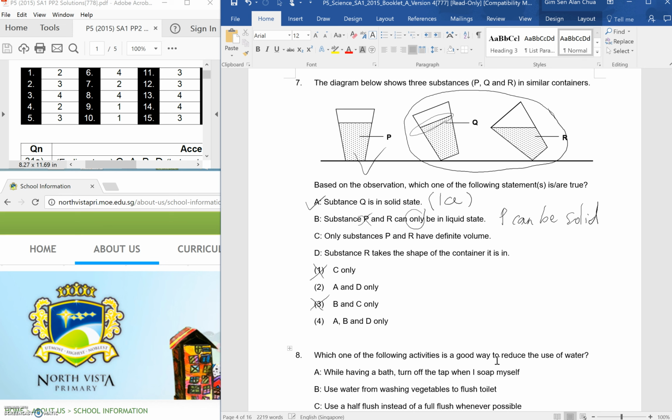Since P can be solid, 4 is wrong. That gives us answer number 2. Can you see how elimination works? We don't even have to know whether D is correct or not, but just by elimination, we are able to conclude that D is definitely correct.